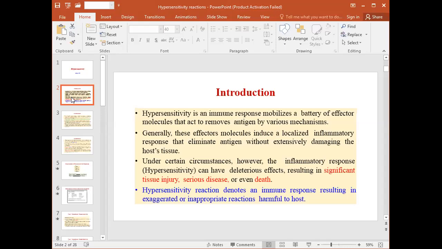Under certain conditions, however, the inflammatory response can have a deleterious effect, resulting in significant tissue injury, serious disease, or even death. So hypersensitivity reaction denotes an immunological reaction resulting in exaggerated or inappropriate reactions harmful to the host.